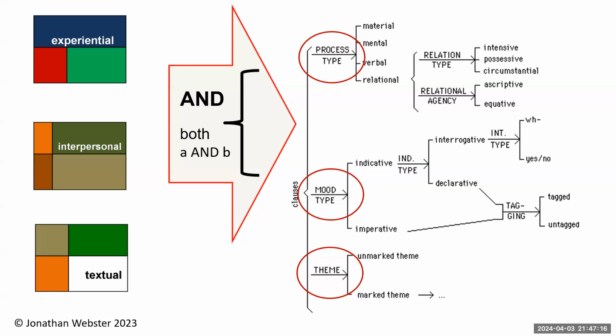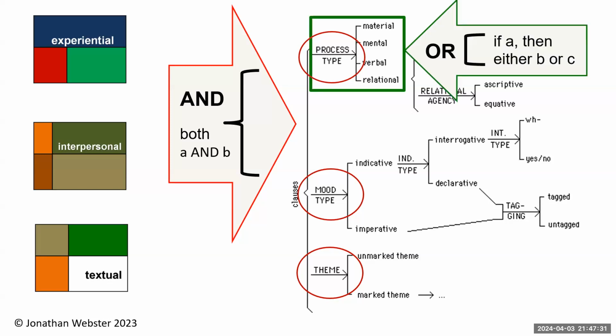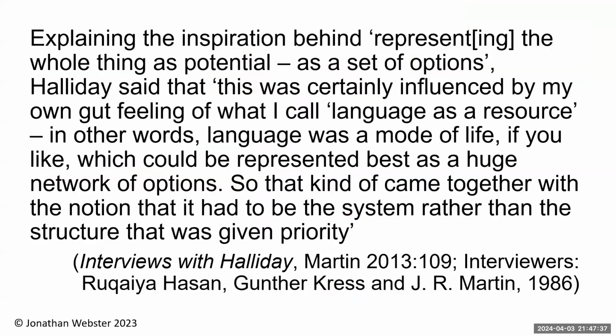Is it interrogative or declarative? What is the choice of theme? What do you put first? Do you put a circumstance? Do you displace the subject? These are all considerations. But they're not just, so it's a combination of and choices, or choices.